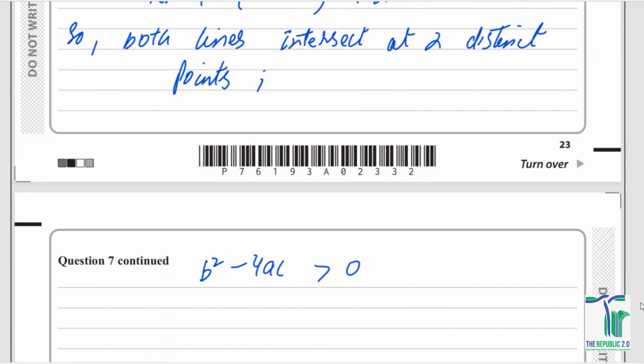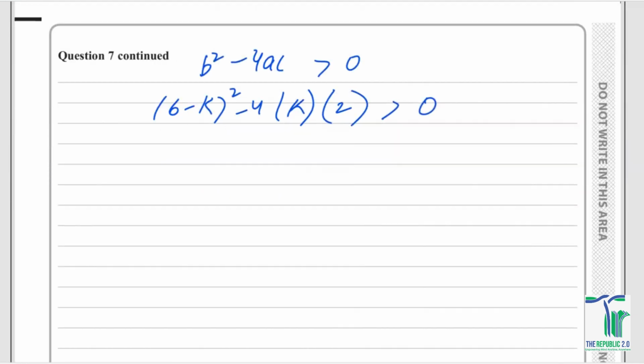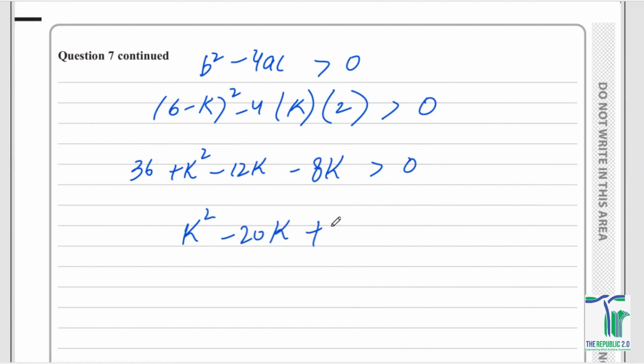So I'm just going to replug my values. My b was 6 minus k square, the a was k, and the c was something like 2. It has to be greater than 0. So now I'm just going to solve it down. And I would be having 6 minus k square, which has to be 36 plus k square minus 12k minus 8k greater than 0. And I would be having k square minus 20k plus 36 greater than 0.